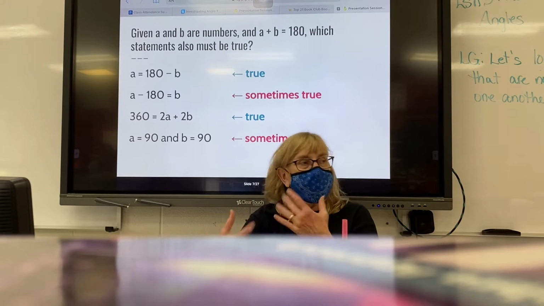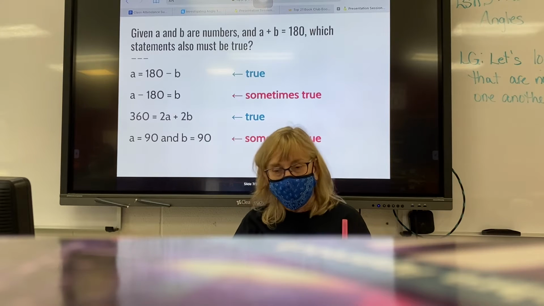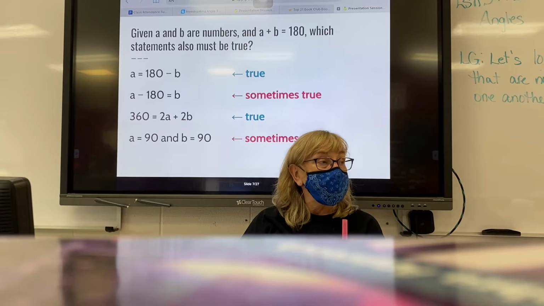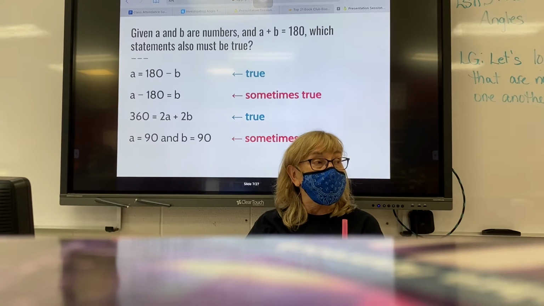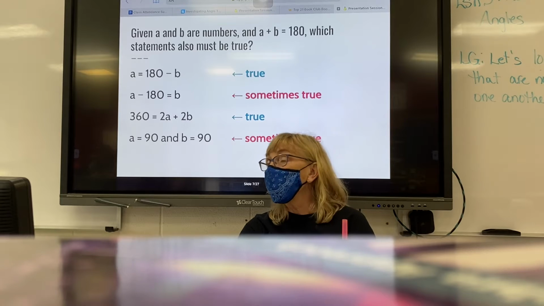We thought of all those possibilities in the previous A and B thing. They don't always equal 90. Yep. A could sit here and be, let's say, 260, and B could be negative 80. Okay, so that's why it's sometimes true.